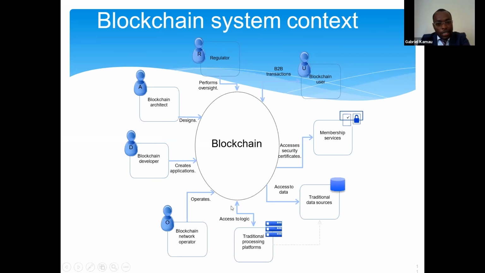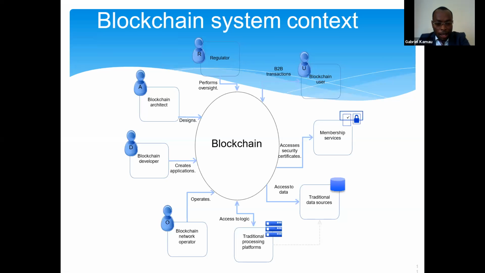So we have the blockchain itself, the technology, the main framework. Then it can be accessed by the regulator. It can be accessed by the blockchain architect. These are the designers. It can be accessed by blockchain developers. These are the people who design applications that are accessed by maybe users. Remember, in any system, we have the users at the end.